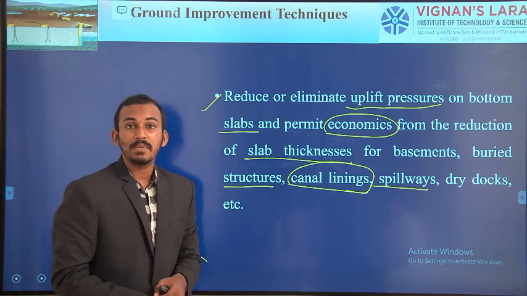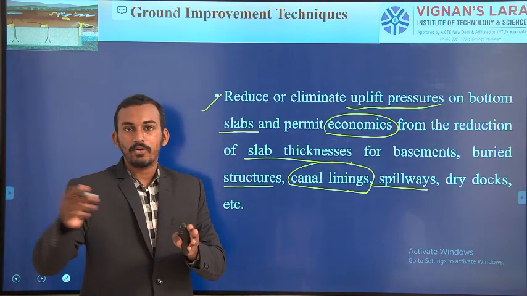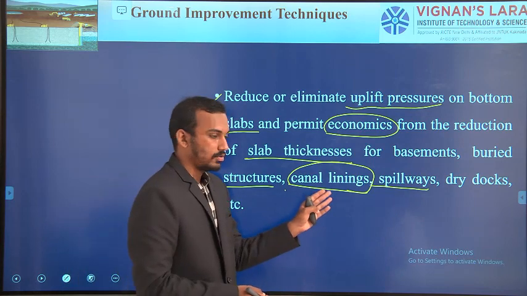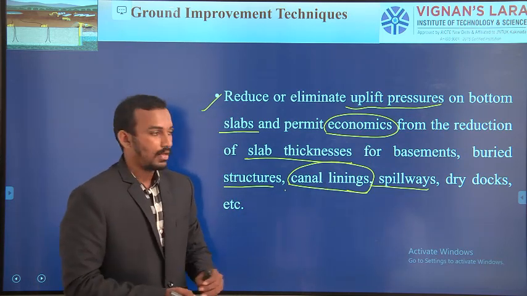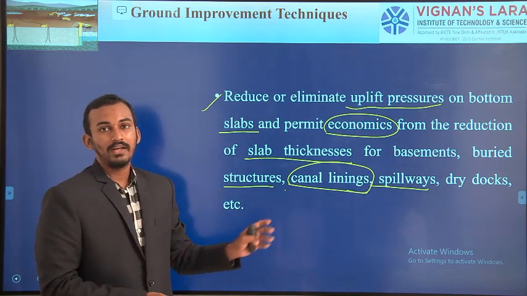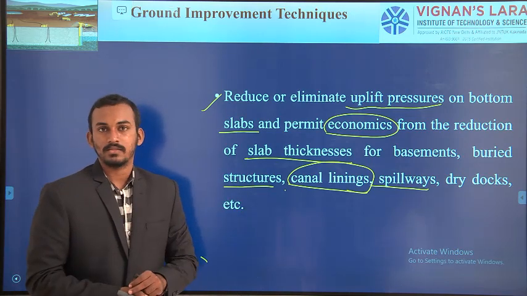If there is any seepage pressure in a canal, what will happen? All the water may escape from the canal through those seepage holes. To prevent it, we need to line the canals. That is known as canal lining. And even in the case of spillways and dry docks, it reduces the cost of the structure if we use these dewatering methods.